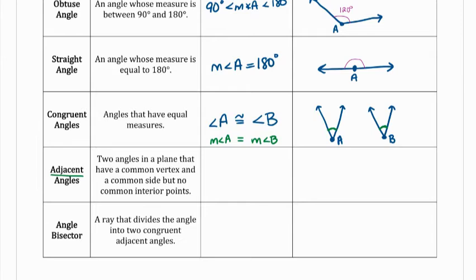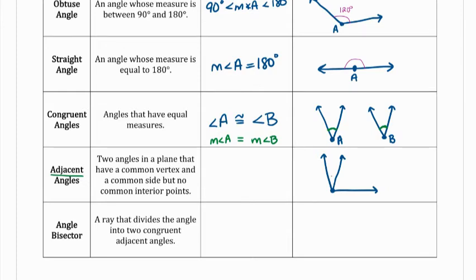So for example, if I draw, oops, let's switch colors here. Say I draw an angle like this, right? And I put a vertex there. If I put another line here, right? And if I'm looking at our 2 angles here, let's give them some names. Let's just use numbers to make it a little easier.